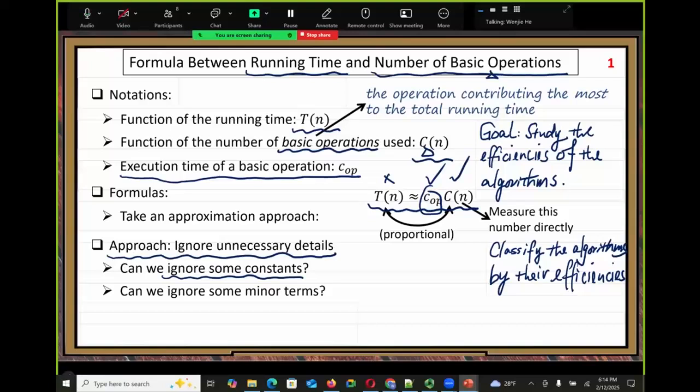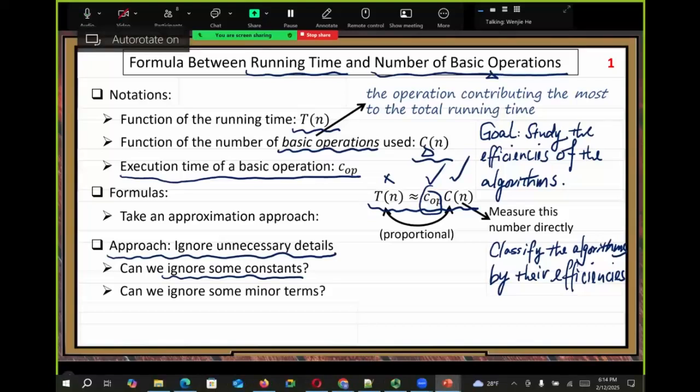Let me review a little bit the concept of the dominant term and the minor term. In one formula, we can identify the dominant term, versus many minor terms.